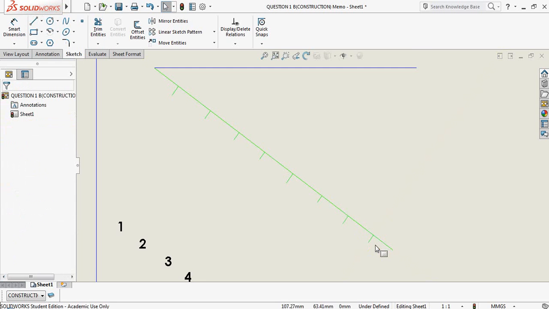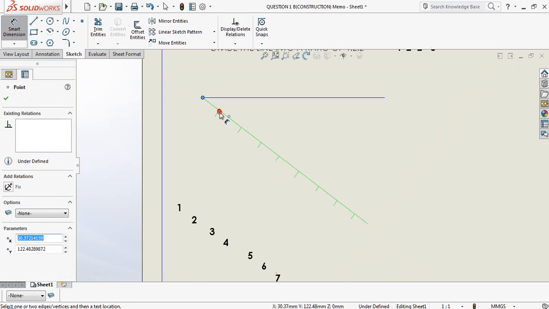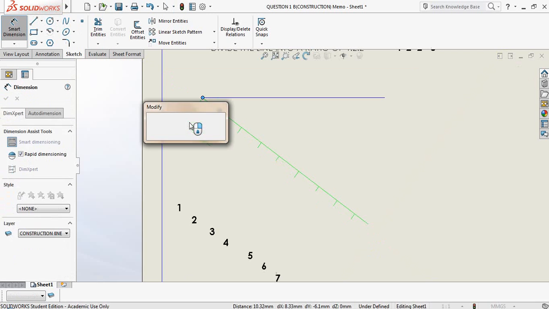Now that I have points to refer to, I'm going to separate them accurately.